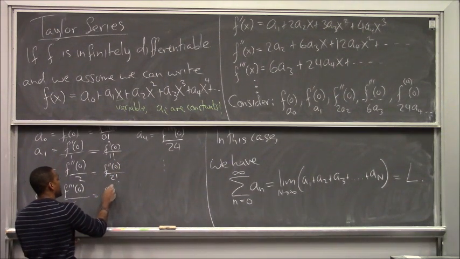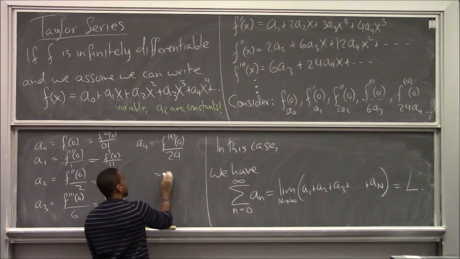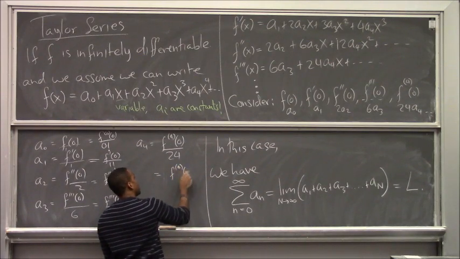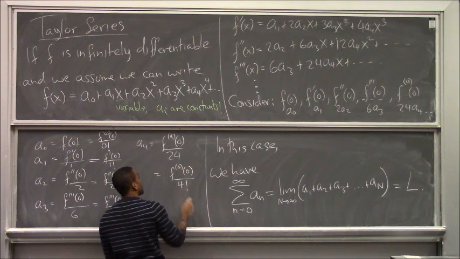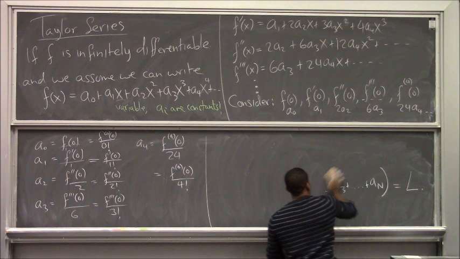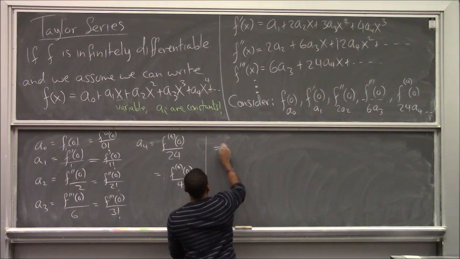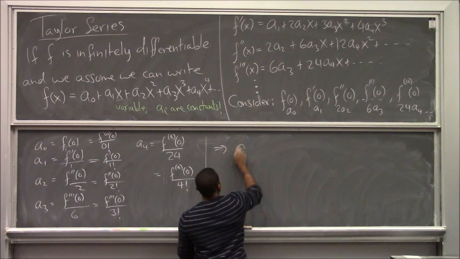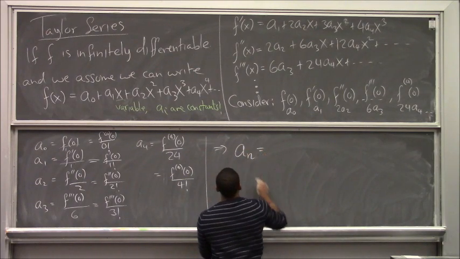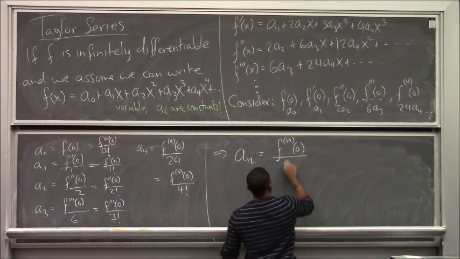This guy is the third derivative evaluated at 0 over 3 factorial. This guy is the fourth derivative evaluated at 0 over 4 factorial, etc. And we come up with this pattern that the nth term is going to be the nth derivative evaluated at 0 over n factorial.